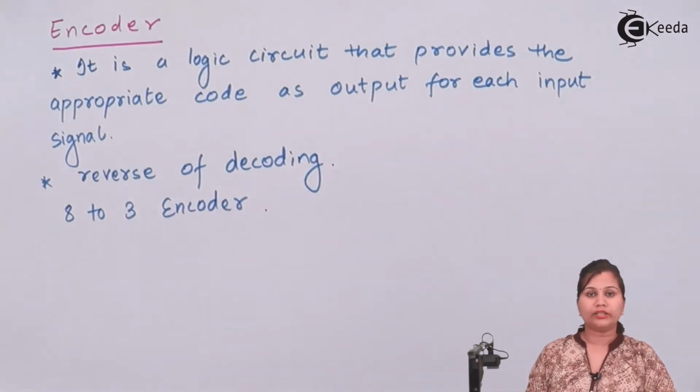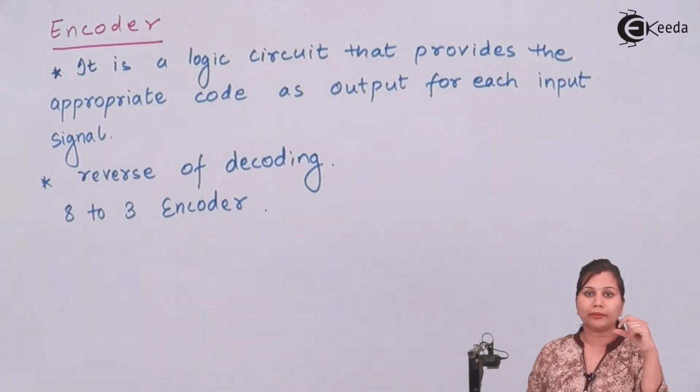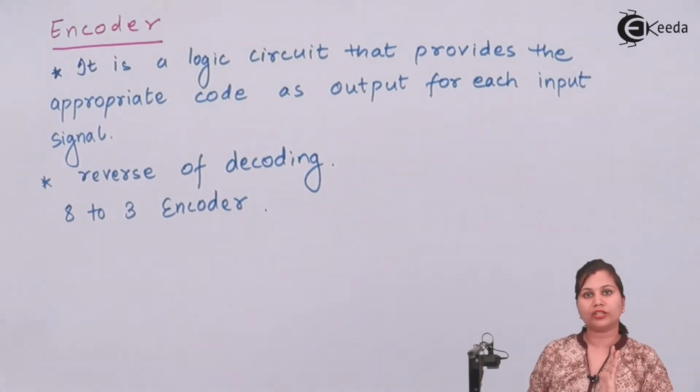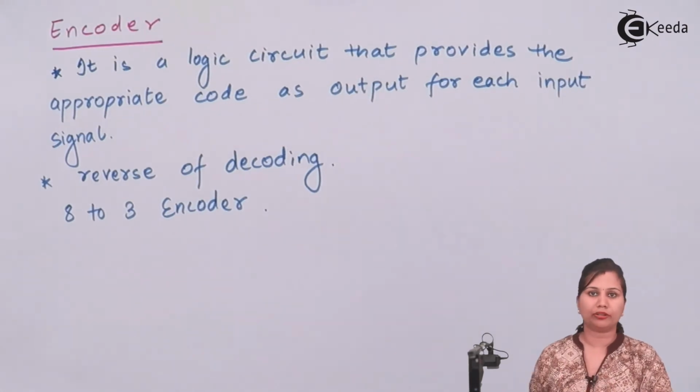This encoder will have 8 input lines and 3 output lines, and for each combination of the 8 input lines, there will be a particular code.